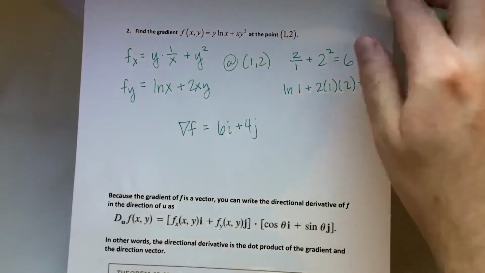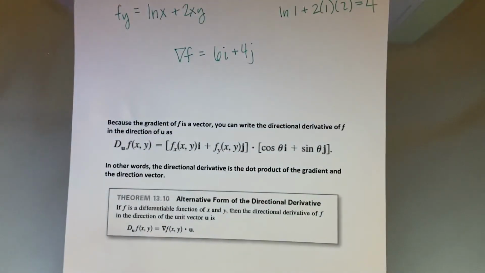Now, because the gradient itself is a vector, you can write the directional derivative in the direction of u as the dot product of the gradient and the direction vector, because the gradient's components are going to go with the direction vector's components, when that 6 would be multiplied by the direction plus the 4 multiplied by another direction.